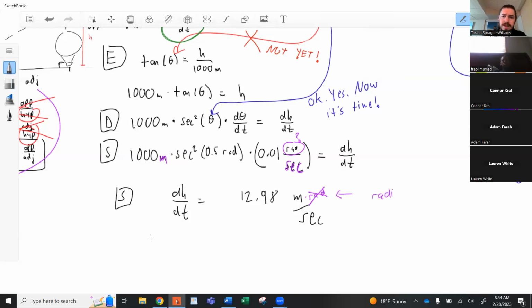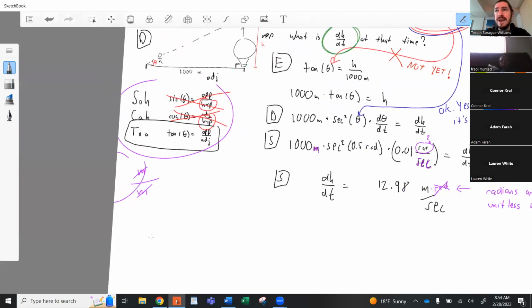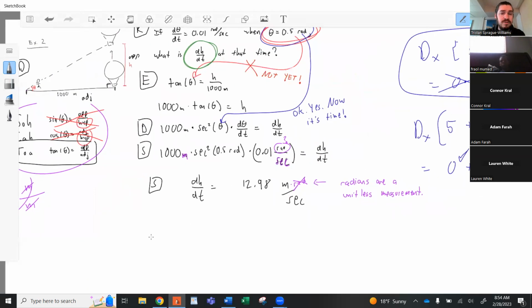Radians are a unitless measurement, just like the output of a trig function. They don't contribute to the units of an answer. The reason is that radians are defined as a ratio of lengths as well. Radians are an arc length divided by a radius of a circle. That's a length divided by a length, and so the units cancel, same as trig outputs.